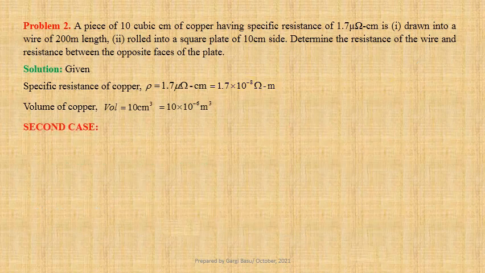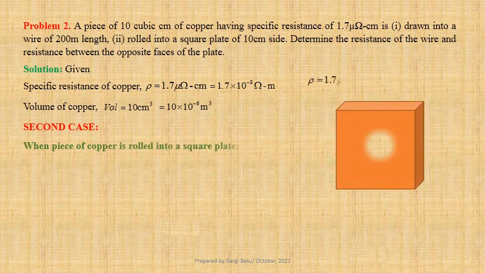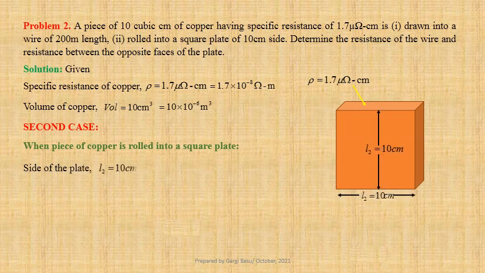Second case, when the piece of copper is rolled into a square plate, given side of the plate L2 equals 10 centimeters. Let us now calculate cross-sectional area. A2 equals L2 into L2, that is equal to 10 into 10, that gives us 100 centimeters squared or 0.01 meters squared.